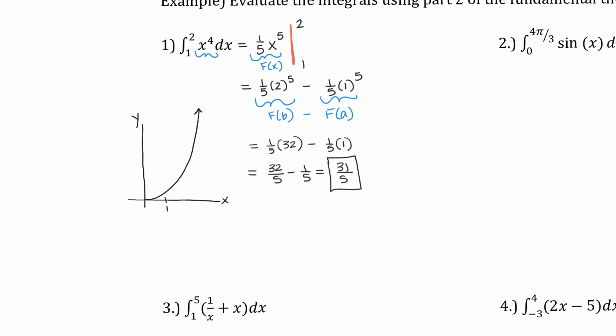I know that it's going through the point 1, 1, and it's going through the point 2, 16. So what we just calculated is that the area under the curve from 1 to 2, this area right here, is equal to 31/5.